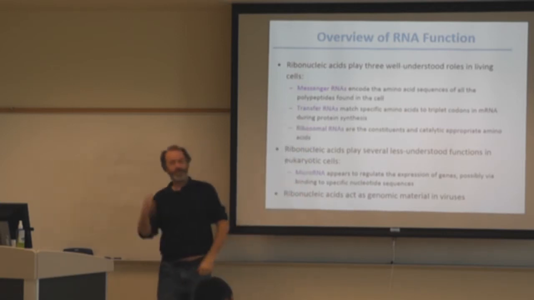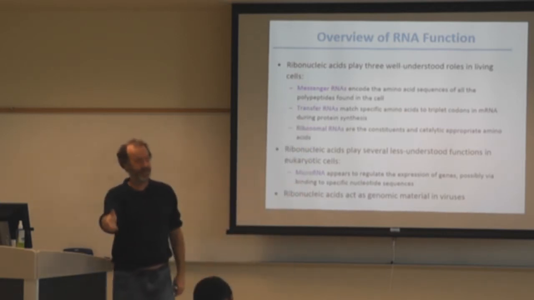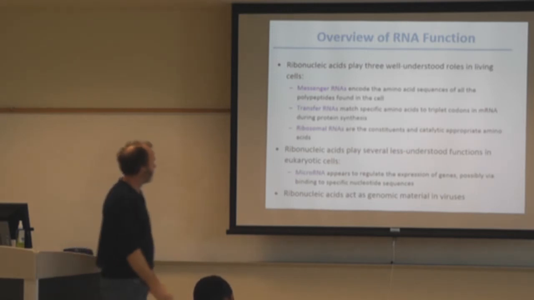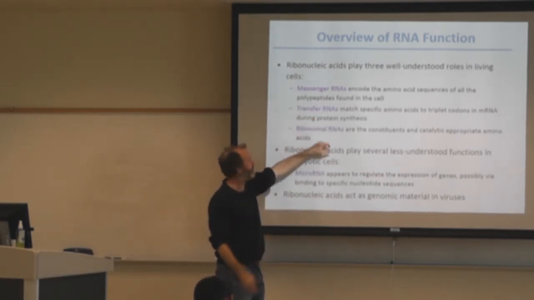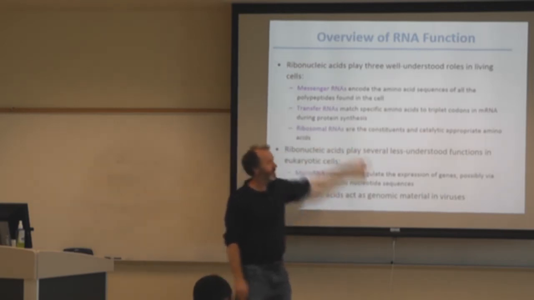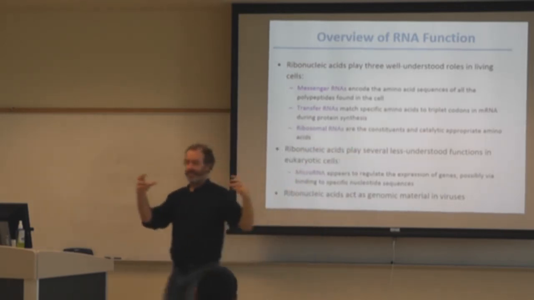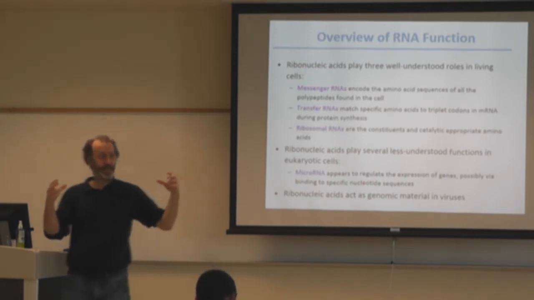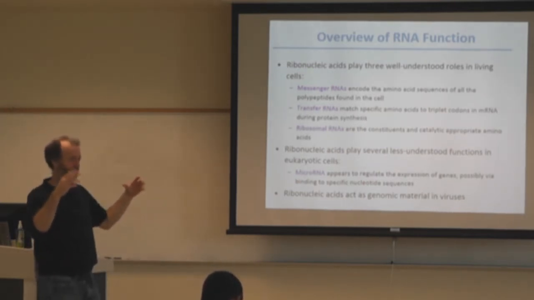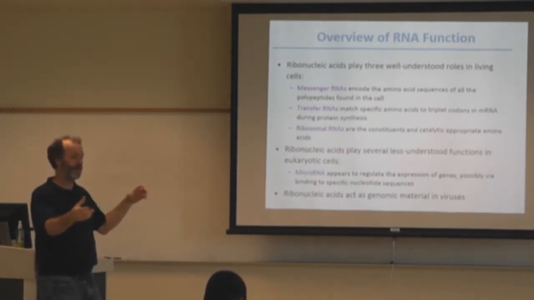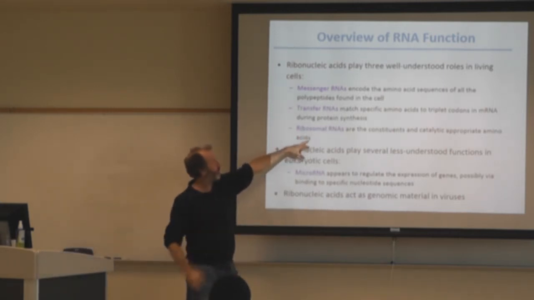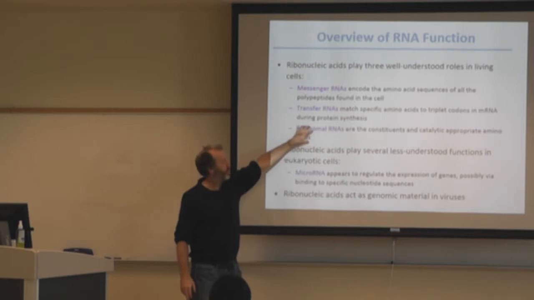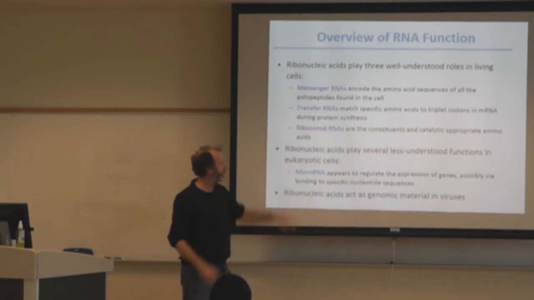Transfer RNAs deliver the amino acids to the ribosome to translate the message to amino acid sequence. Ribosomal RNAs provide the main scaffolding and catalytic enzymatic function of the ribosome, for making proteins.